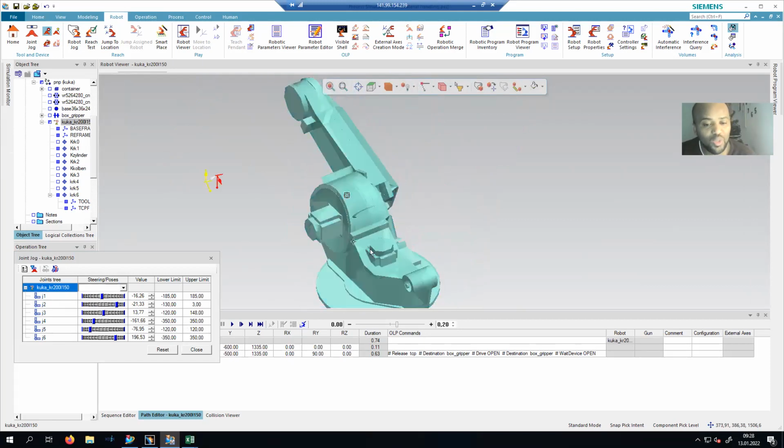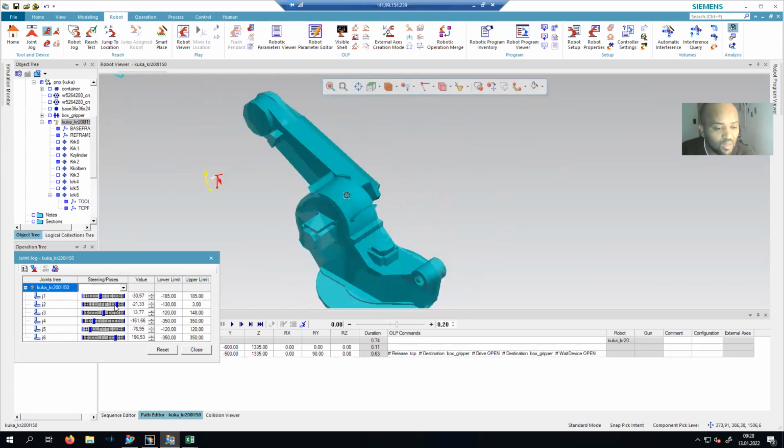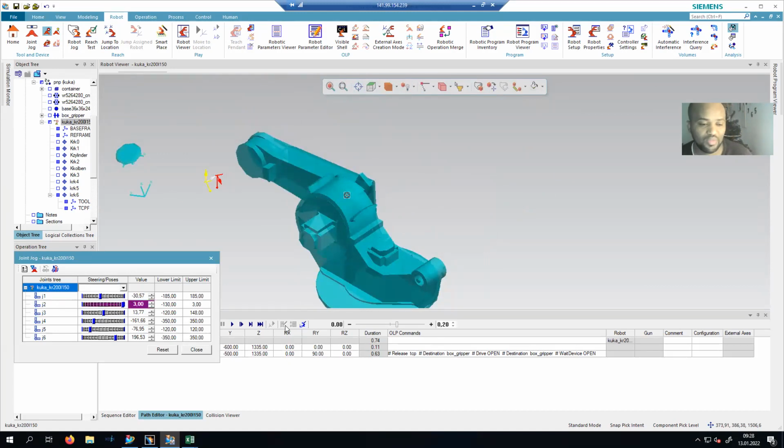Twist angle is actually, from this to this, there is a twist angle of 90 degrees. The twist angle is the offset angle.